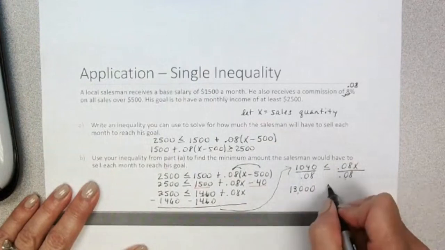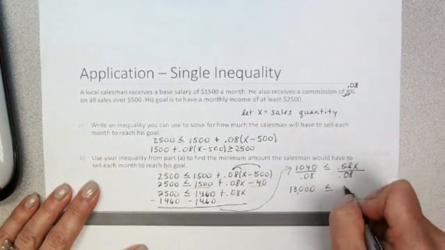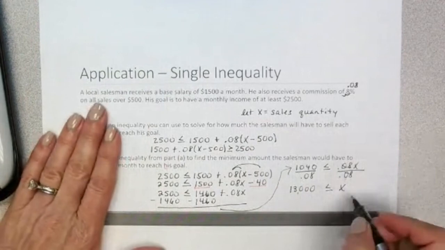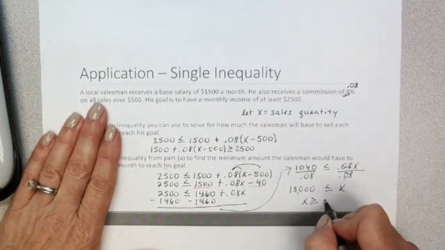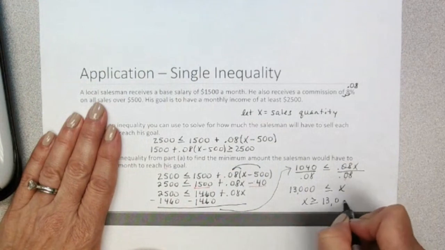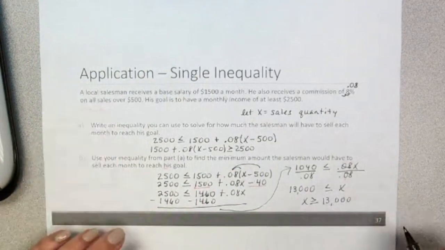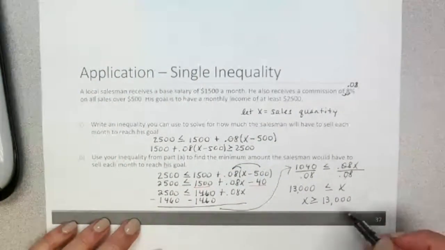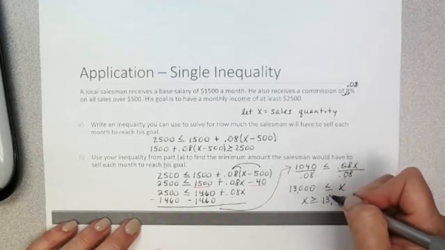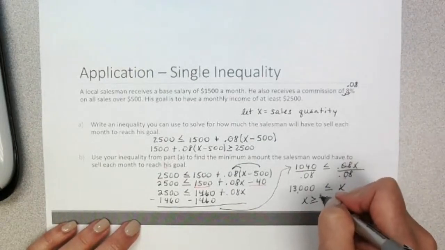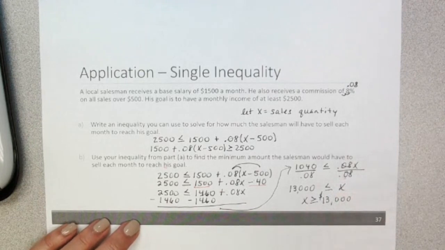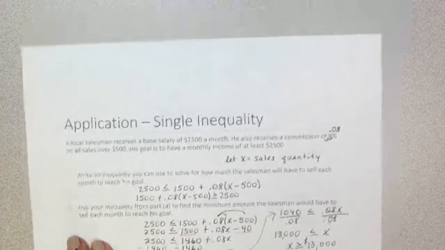So 13,000 has to be less than or equal to X, or I could also say X has to be greater than or equal to 13,000. Probably the better way to write that. So if he sells more than $13,000 each month, he will reach his goal.